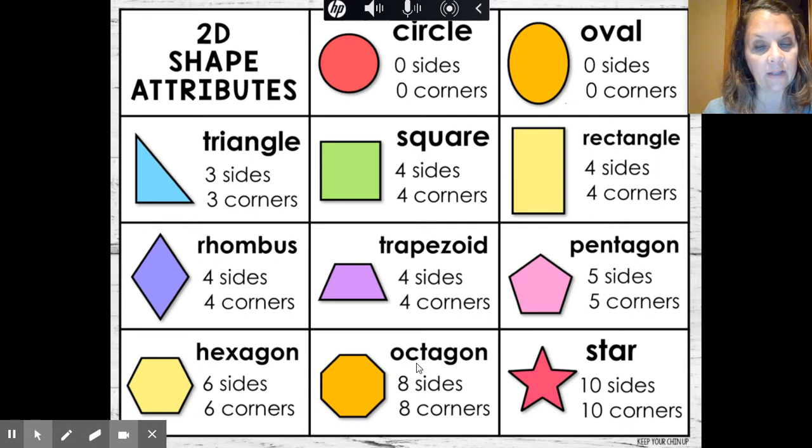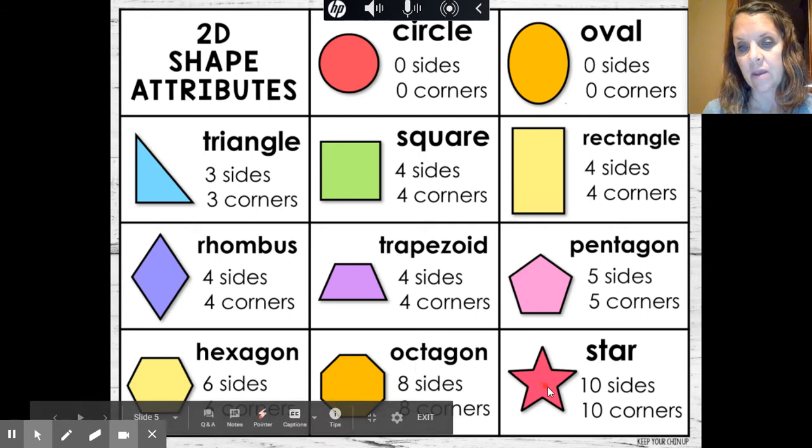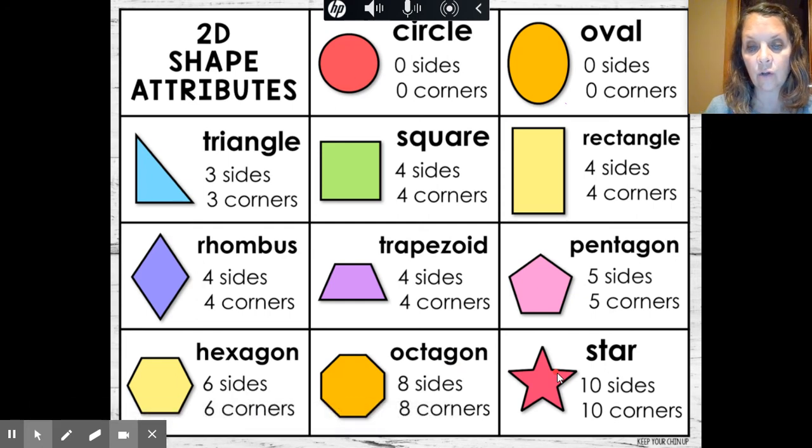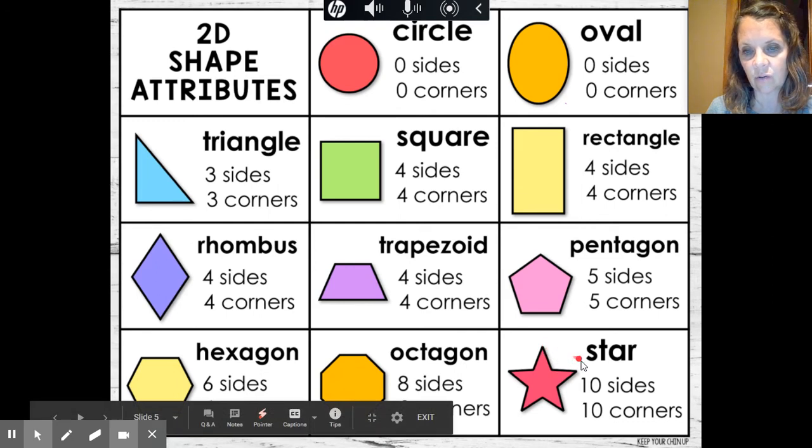Kind of looks like a stop sign. And then the star has 10 sides and 10 corners. So we count these as corners, 1, 2, 3, 4, 5. And then we also count these inside parts as corners, because that's where the lines or the sides meet.